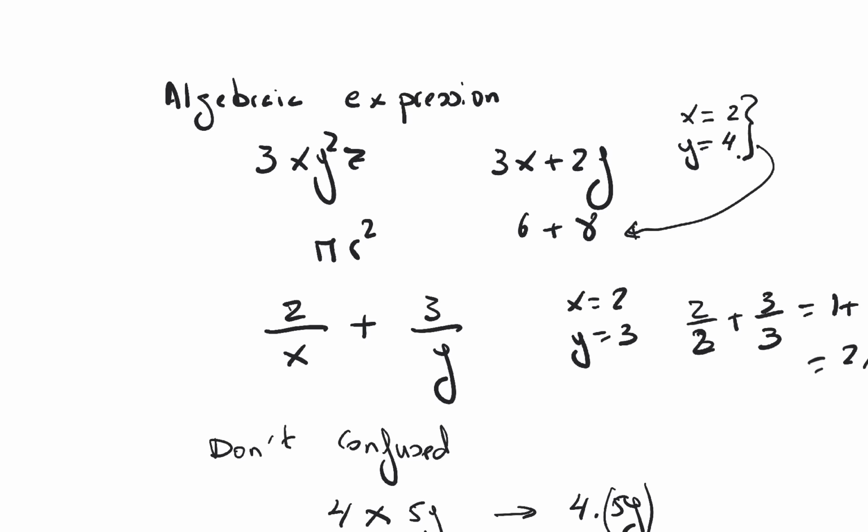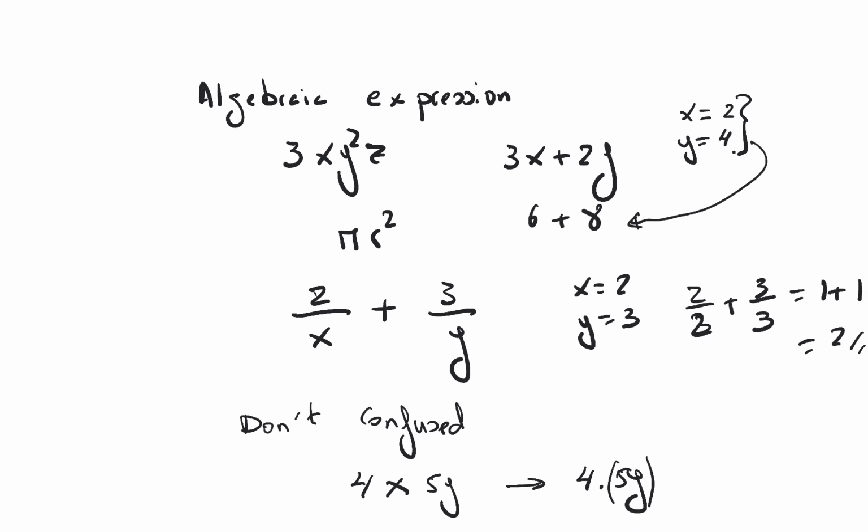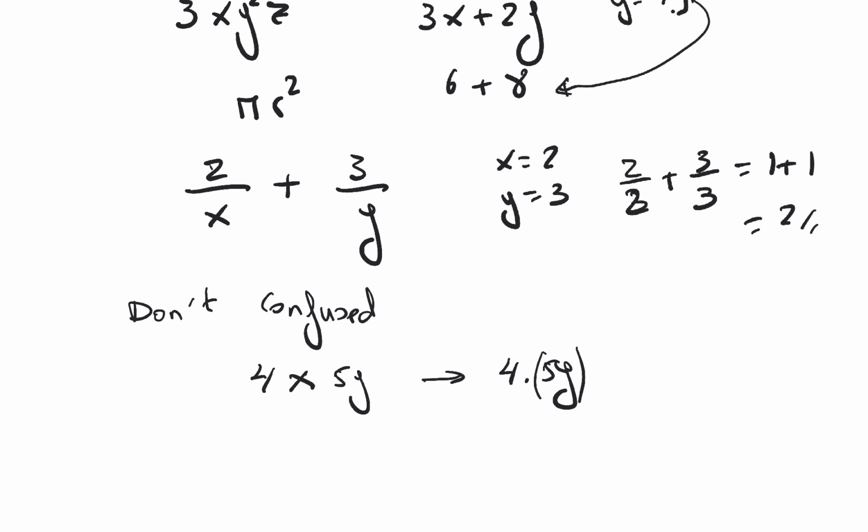Now, you don't make a confusion with this. If they say to you 4 multiplied by 5y, this is not the variable, this is the sign of multiplication.